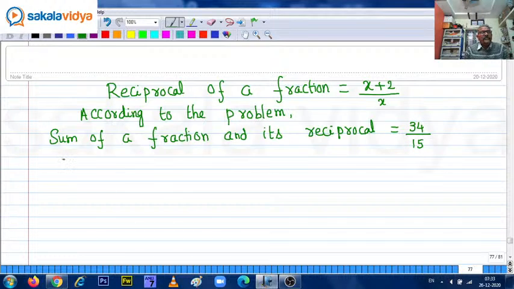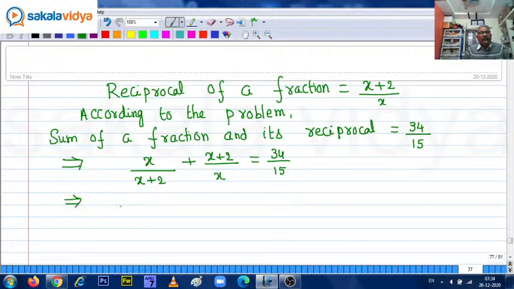Now we need to construct a quadratic equation. Now what do you write here? x upon x plus 2 plus x plus 2 upon x equals 34 upon 15.